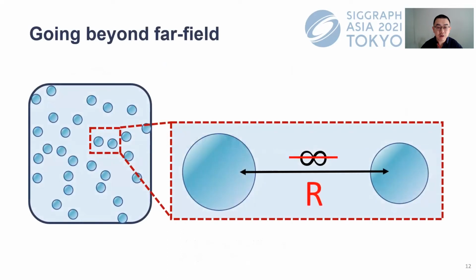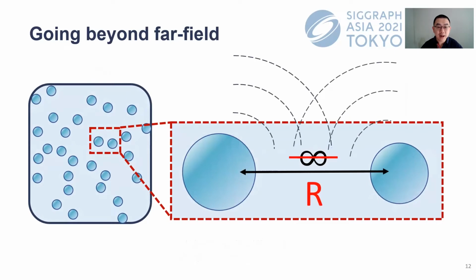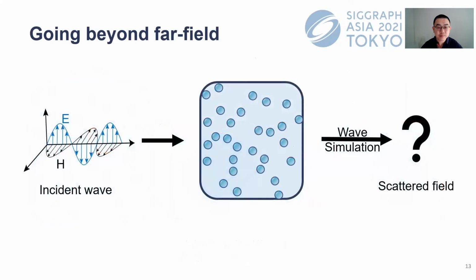To remove the far-field assumption and consider the interaction among all the particles, we go back to the first principle of light transport, Maxwell electromagnetism. Given an incident wave and all the particles' information, including location for each particle, we can do a full wave simulation by solving Maxwell equations to get the scattered field.